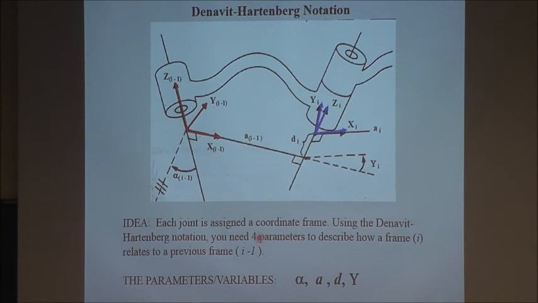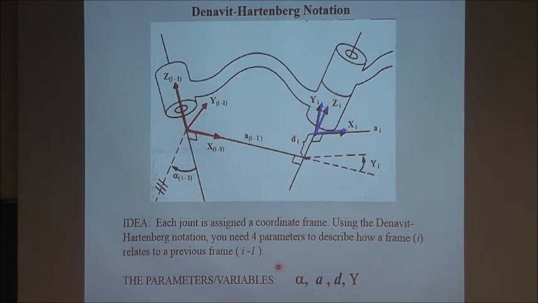So if we go from one joint to another joint, what you can see here is I have a cylinder built around the Zi minus 1 axis, and here I have another cylinder built around the Zi axis, the next coordinate and the next joint.